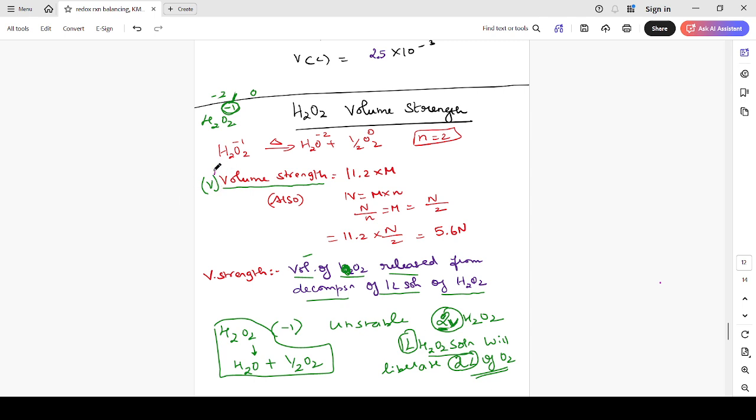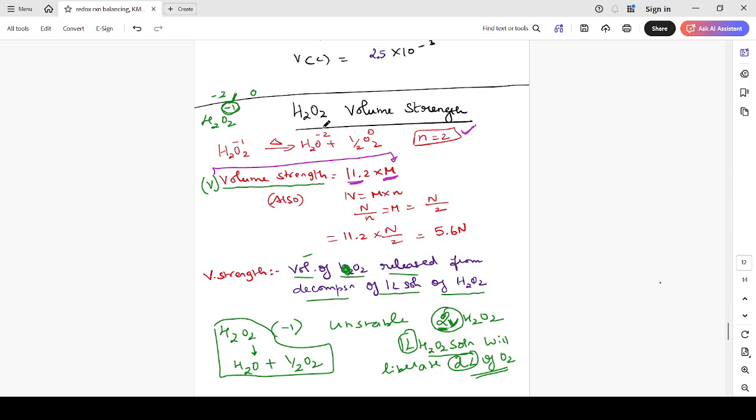We are describing this volume strength with respect to molarity as well as normality. Volume strength is equal to 11.2 times molarity. In the case of normality, we will discuss the n factor very shortly today. I can rewrite normality in terms of molarity as well.